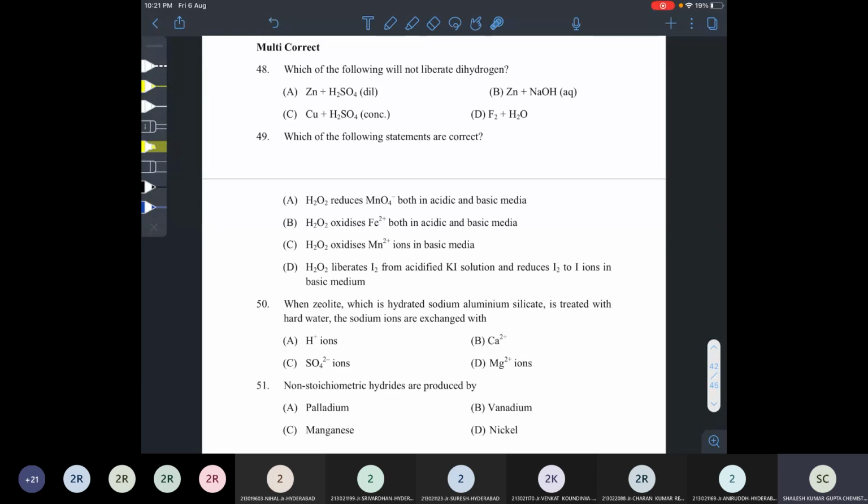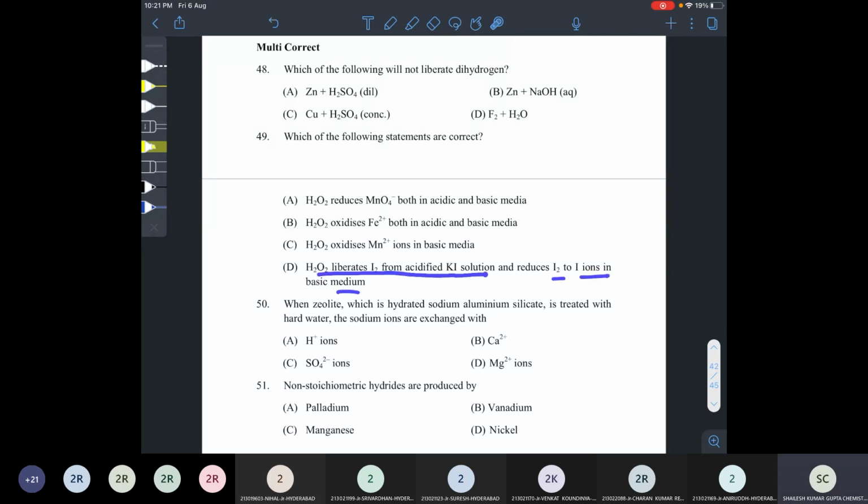But H2O2 oxidizes Fe2+ both in acidic and basic media. I'm not convinced with it. H2O2 oxidizes Mn2+ ion in basic media. Yes, it forms MnO2 in that circumstance. Liberates iodine from KI solution, and reduces I2 to I minus in basic medium.